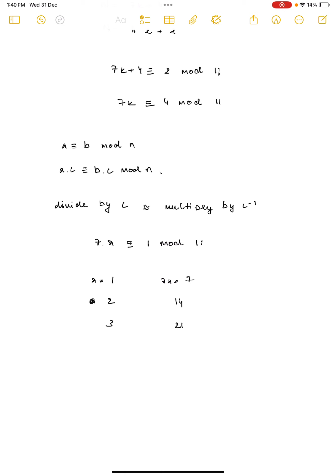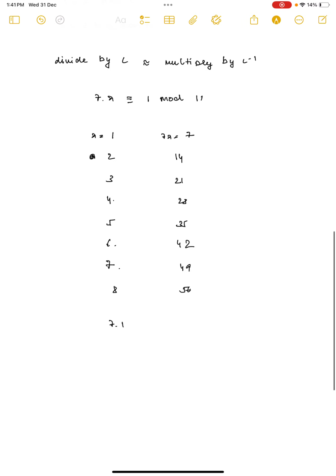For 4 it's 28, again does not hold. 5, 35, does not work. 6, 42. 7, 49 does not work. 8, 56. Now this works. 7 into 8 is congruent to 1 mod 11.